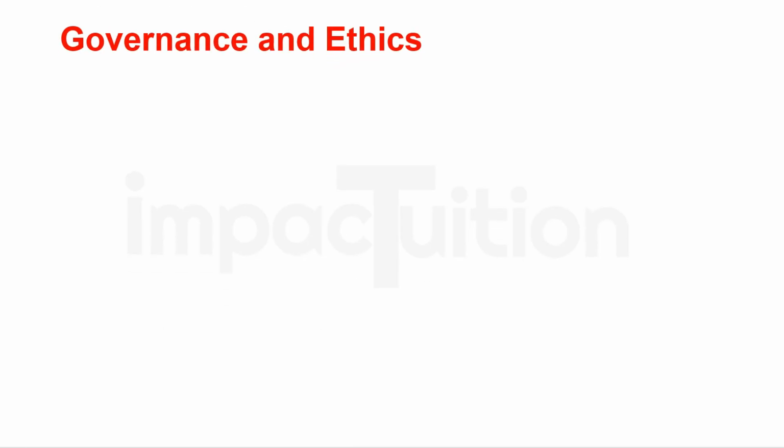When we are done with the strategic management process, we will turn our attention to governance and ethics. Under governance, we will look at the theories of governance, the code of best practice, and our focus will be on the content of the code of best practice.